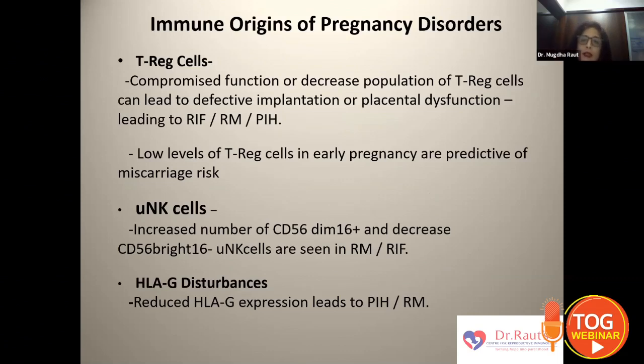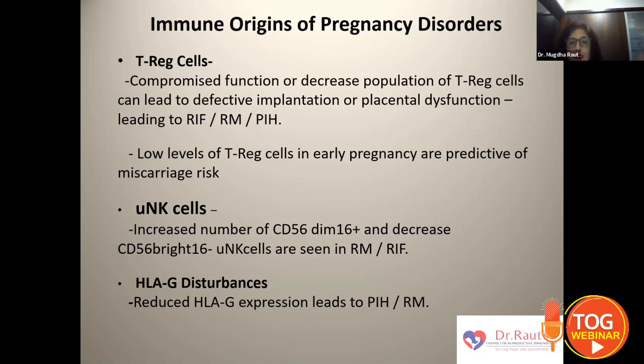So a compromised function or a decrease in the population of Treg cells can lead to defective implantation and placental dysfunction, leading to repeated implantation failures, repeated miscarriages, or pregnancy-induced hypertension. Low levels of Treg cells in early pregnancy are predictive of miscarriage risk.